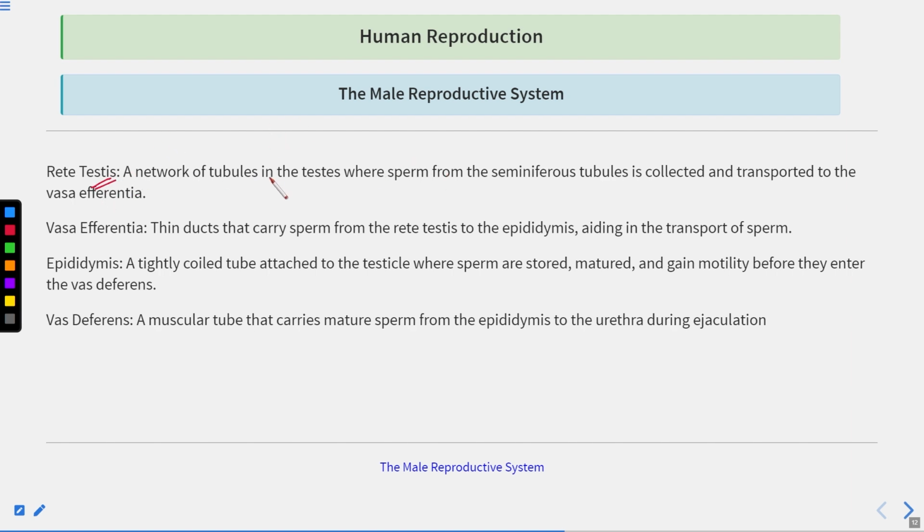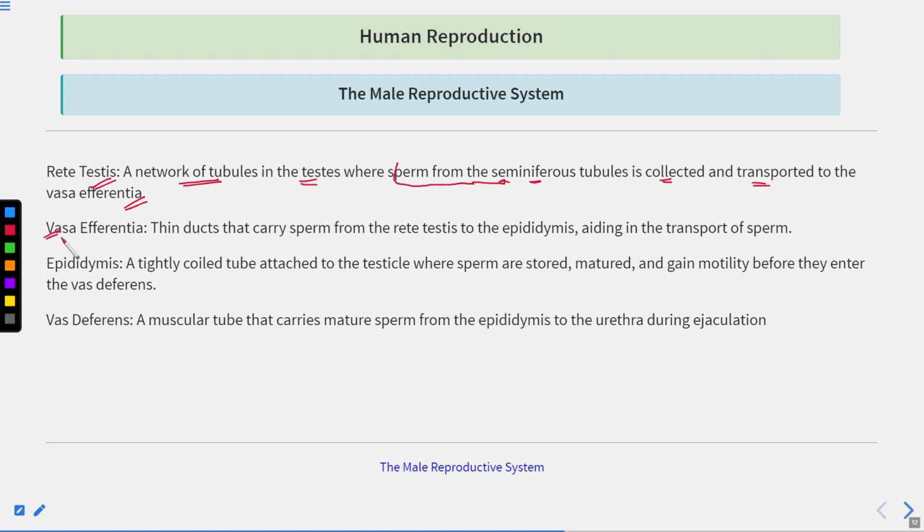A network of tubules in the testes where the sperm from the seminiferous tubules is collected and transported to the vasa efferentia. This is known as the rete testis. So sperms are collected from the seminiferous tubules, and they are transported to the vasa efferentia.